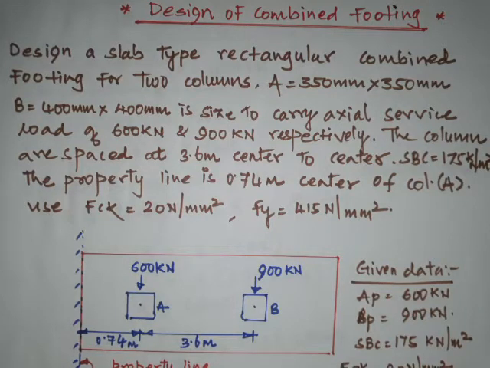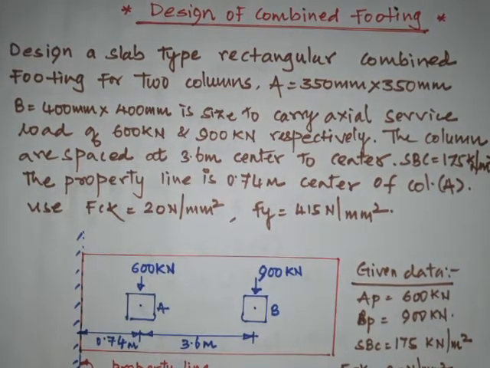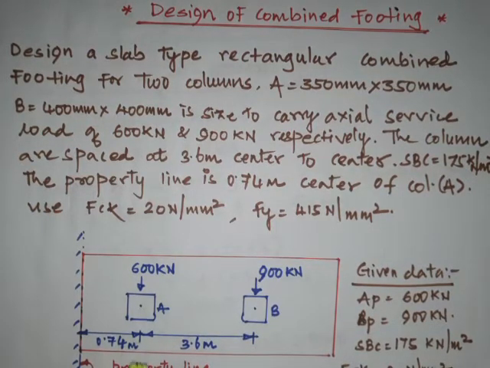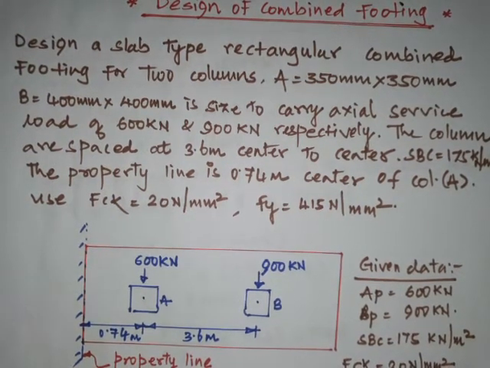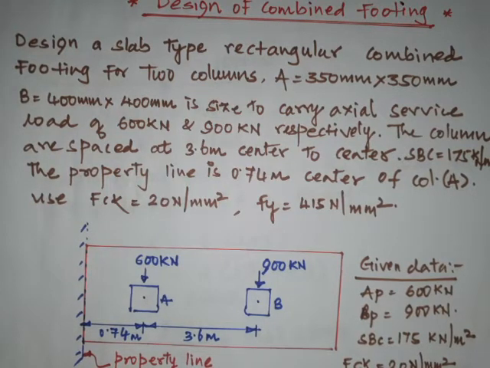Here, as I told you, and as we discussed in the Google meet also, in this problem the distance from the property line is mentioned. So there is a small change in the proportioning of the area that you have to concentrate on.